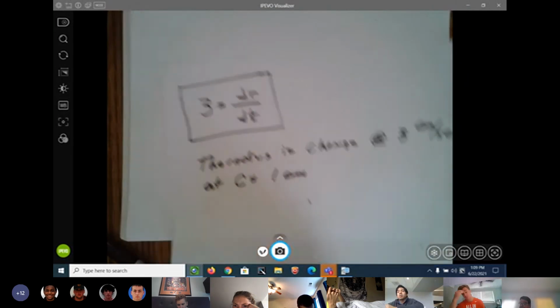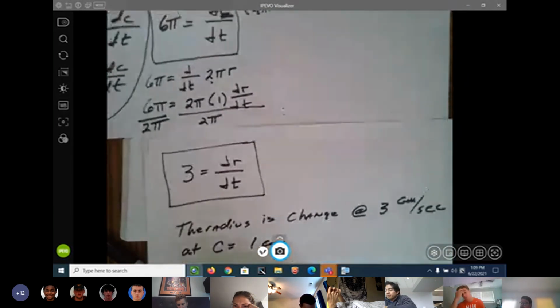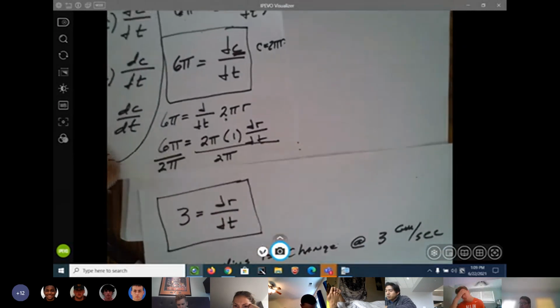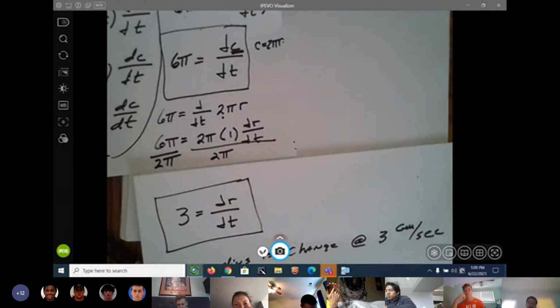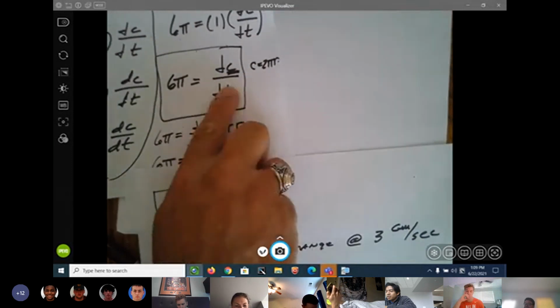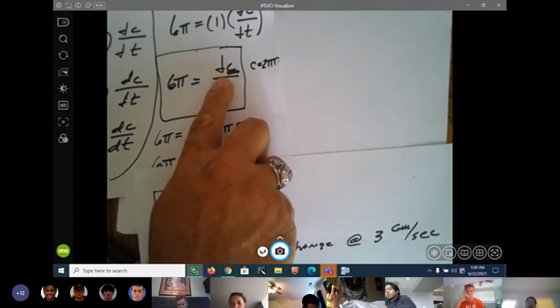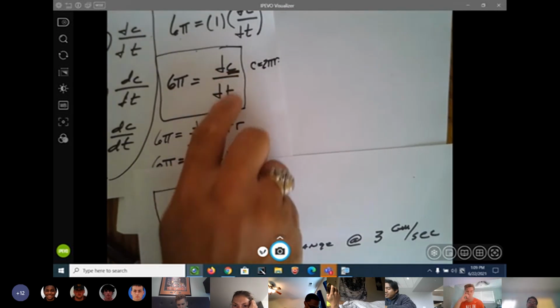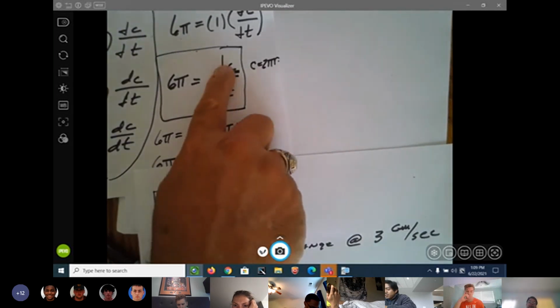I'm just showing you that last part because some of you may wonder why I did that. Well, the question says, how fast is the radius changing? At this point we don't have the radius. We have the change in circumference due to time.